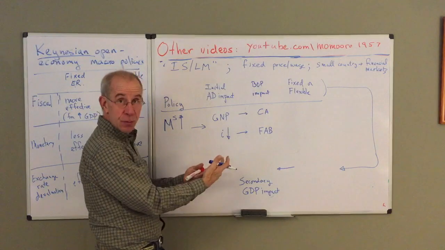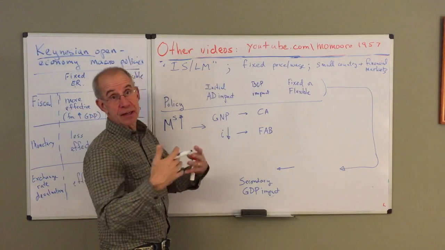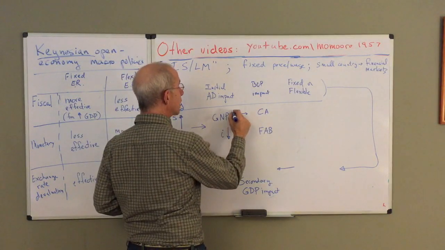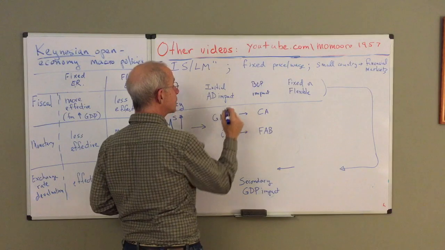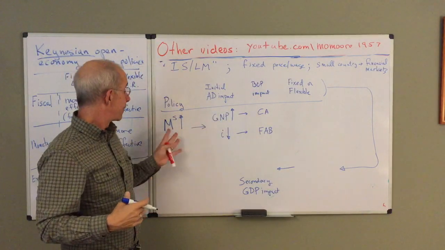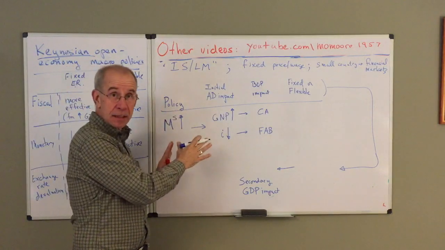That drop in interest rates is going to make it easier to buy homes, expand businesses, buy cars, and that's going to increase aggregate demand, and so the GNP tends to be increased by the monetary stimulus.